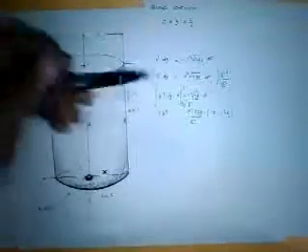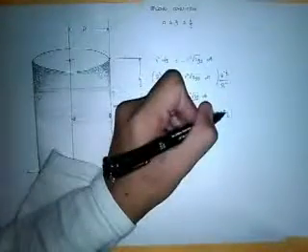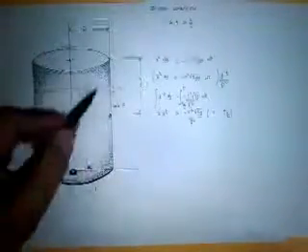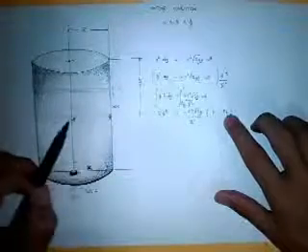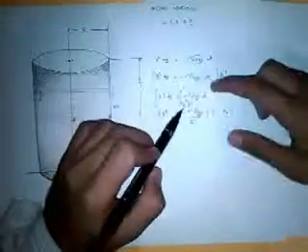Then we subtract t of h over 2, because we have this equation already, so we need our upper bound and our lower bound.